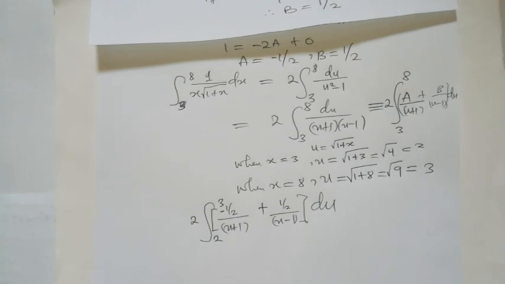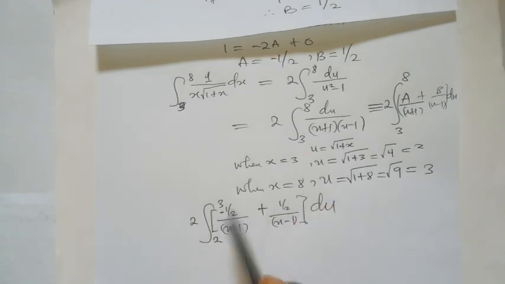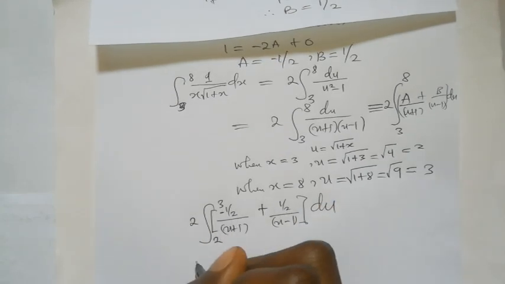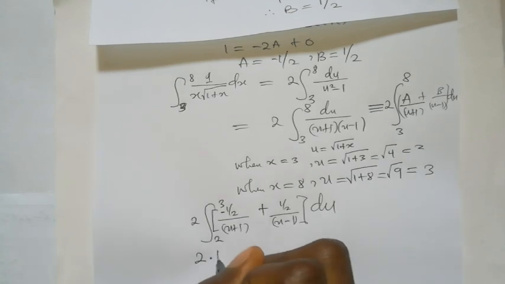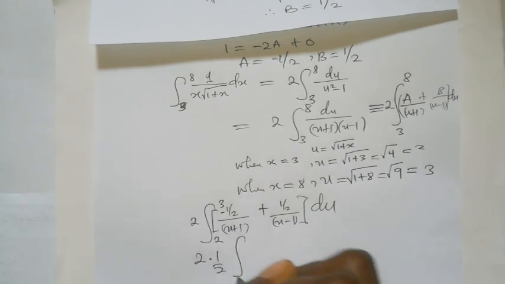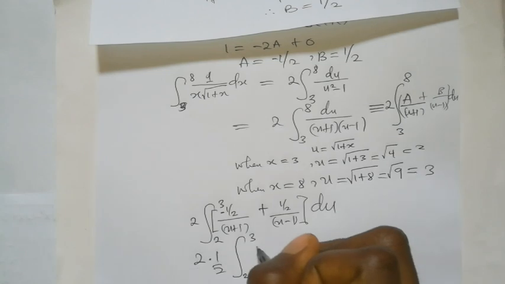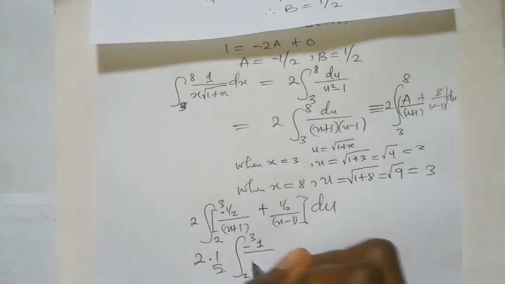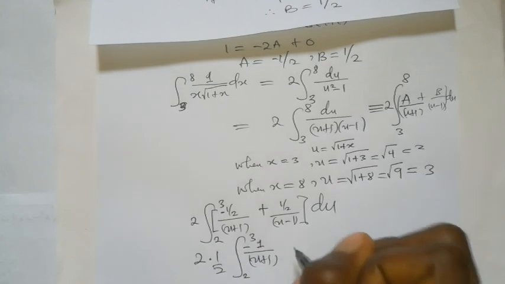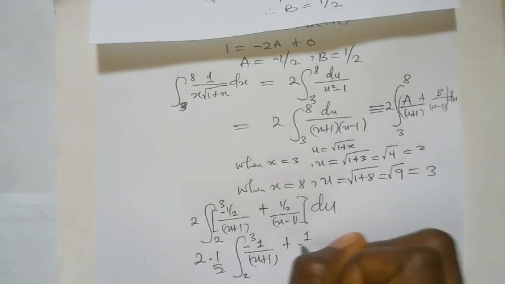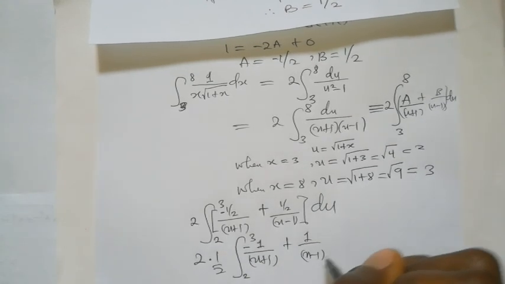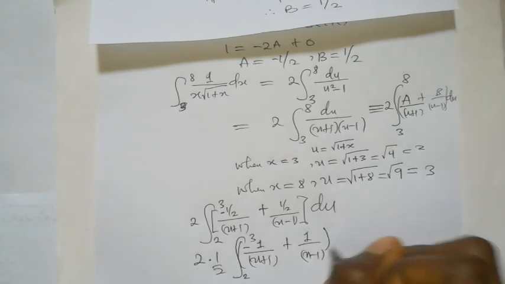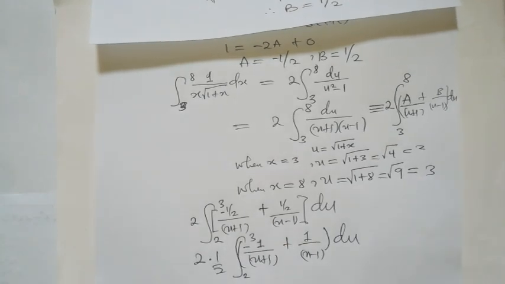Is that okay? As you can see, we can factorize half outside: 2 dot 1 over 2, integral from 2 to 3, we have minus 1 all over u plus 1 plus 1 all over u minus 1, everything du. You get it?